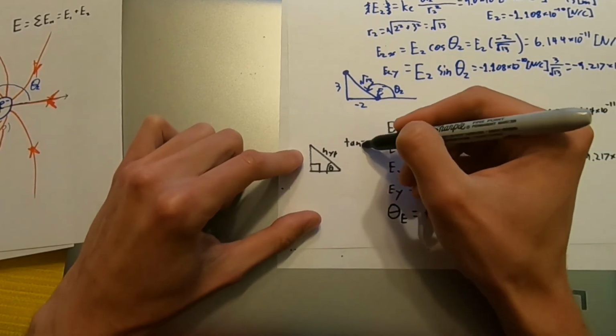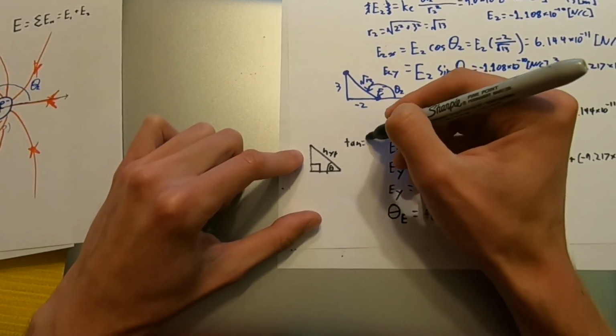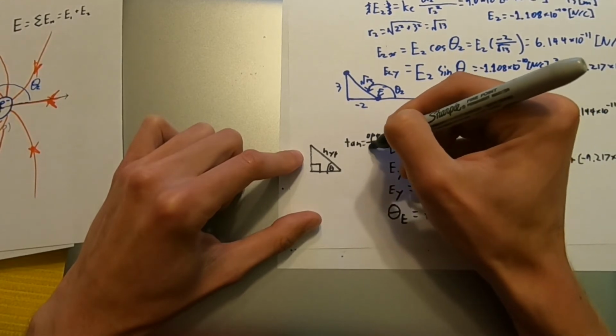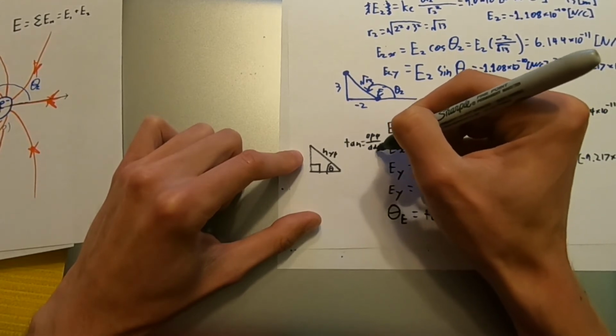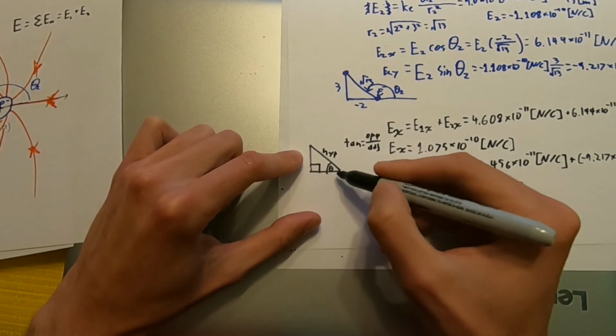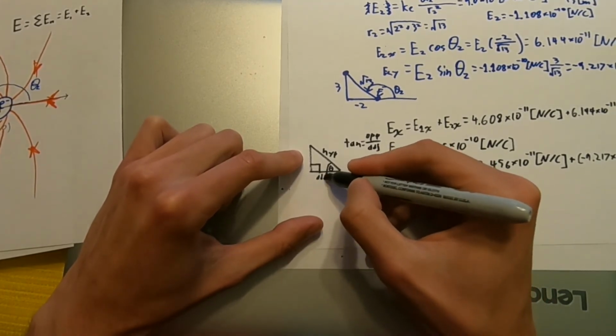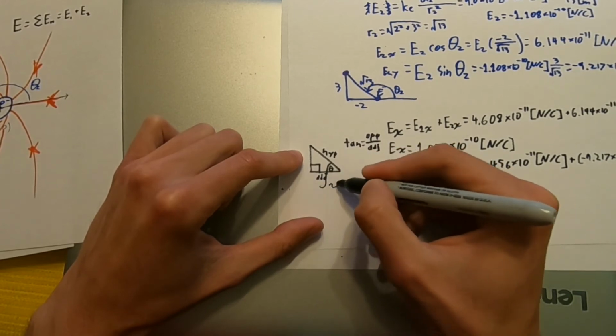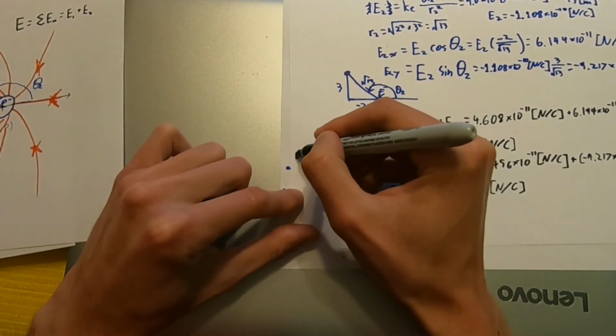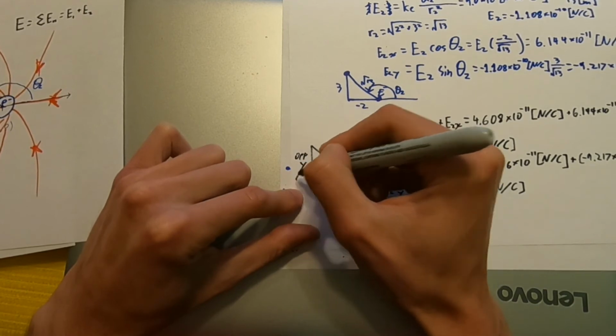Tangent would be equal to opposite over adjacent. Here our adjacent is our x component, and opposite is going to be our y component.